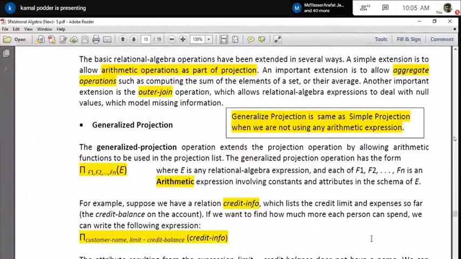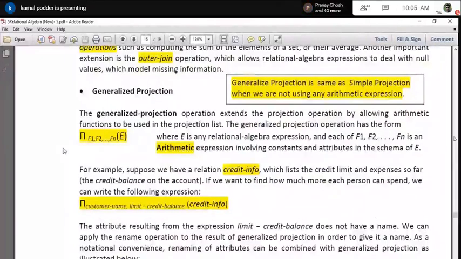One is called the generalized projection. We have already encountered this sign in one of the earlier examples, but I have not explained in detail what it means. Generalized projection is similar to the simple projection, which we have already encountered.